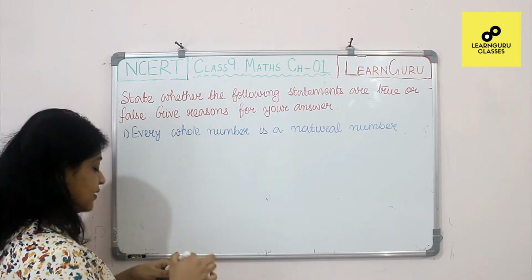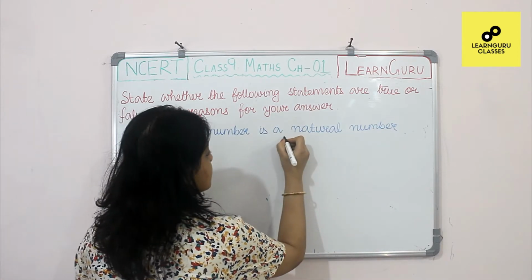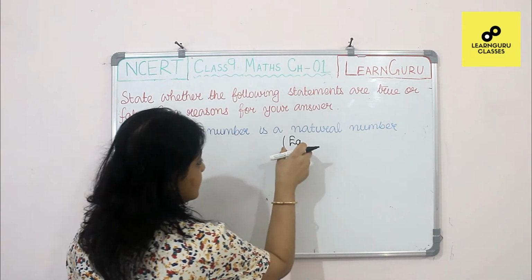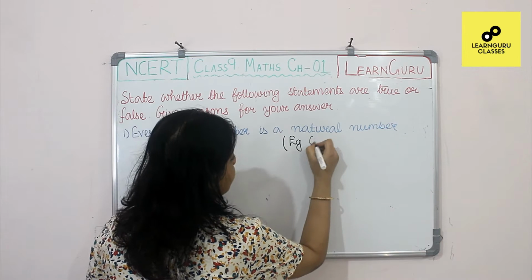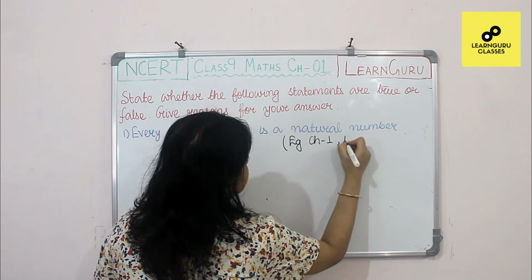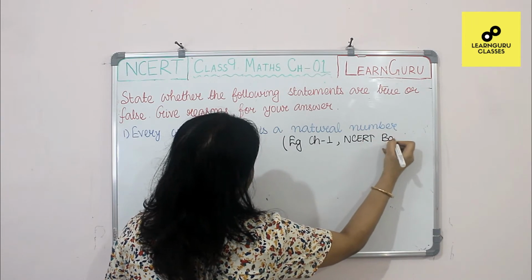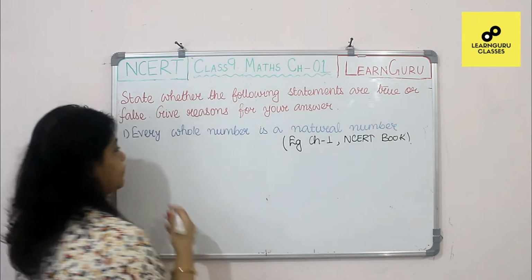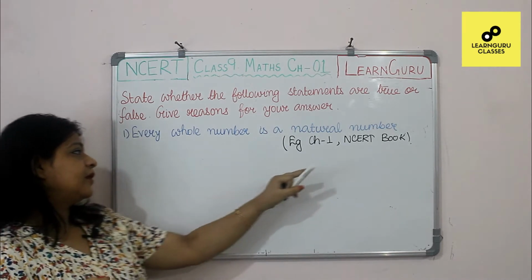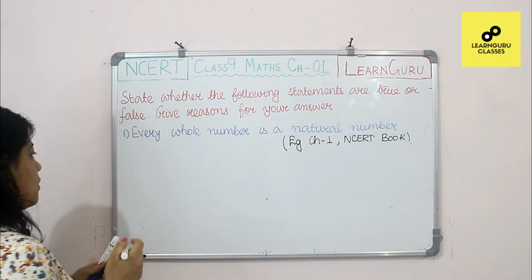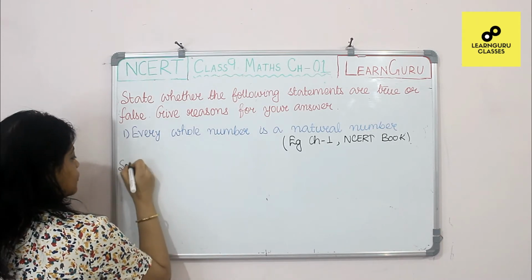This is an example of chapter 1 in the NCERT book, in your NCERT textbook. Plus it is available in our R.D. Sharma also. Now let us come to the solution.